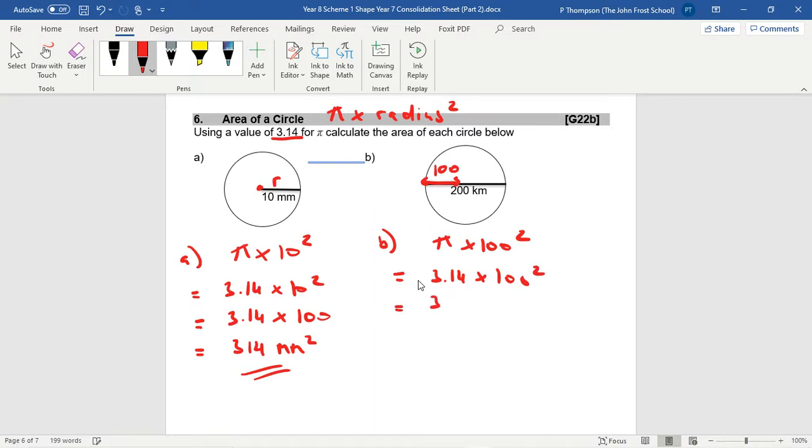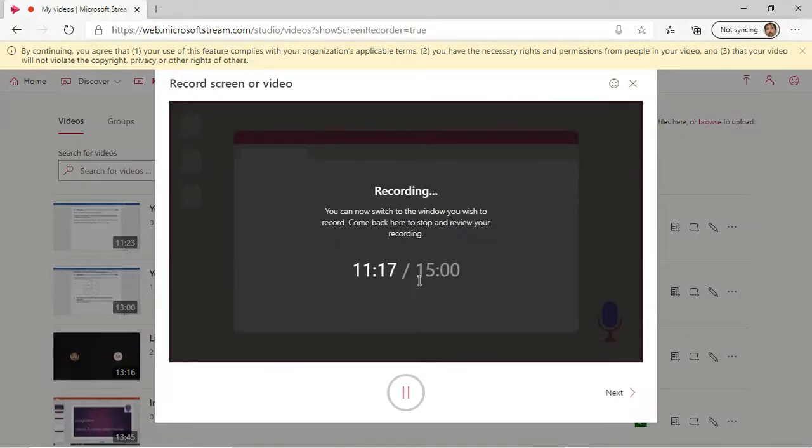Now 100 squared is 10,000. If you multiply these together, 3.14 times 10,000, you're going to get 31,400 kilometer squares. Okay, that's that one done.